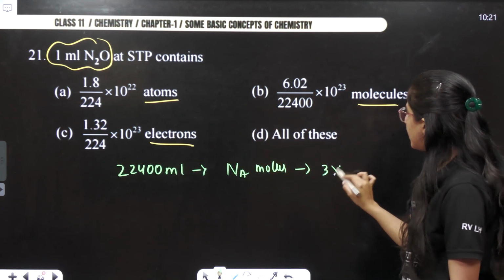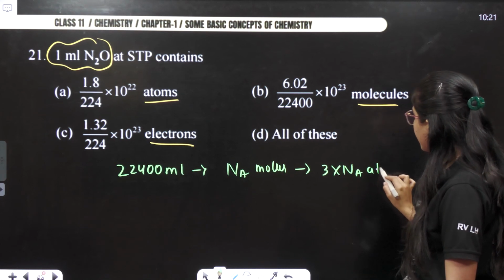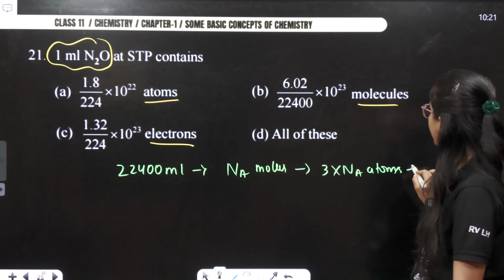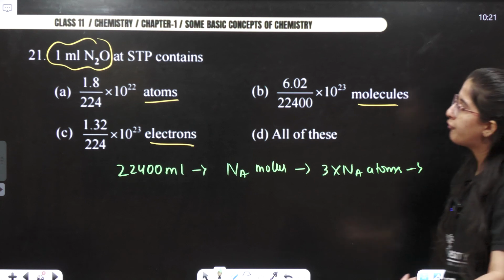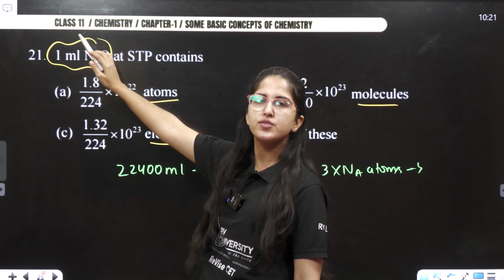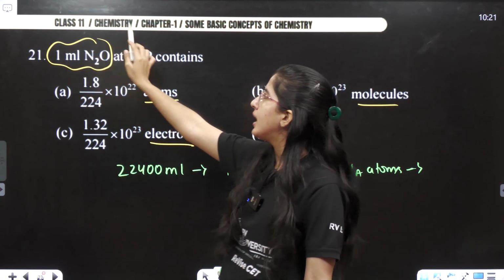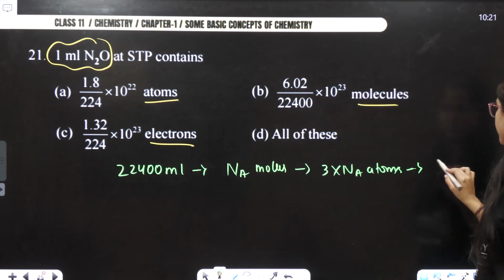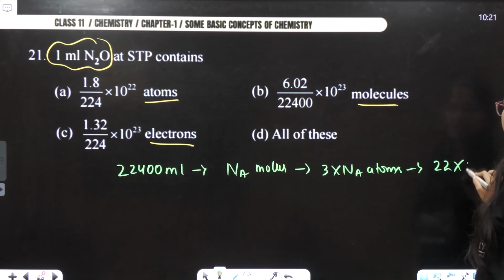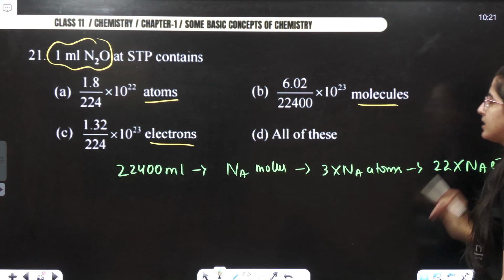So 3 into Na atoms. And how many electrons? Nitrogen has 7, 7 twos are 14, and 14 plus 8 is 22. So 22 into Na electrons.